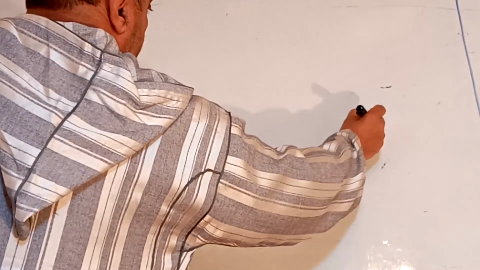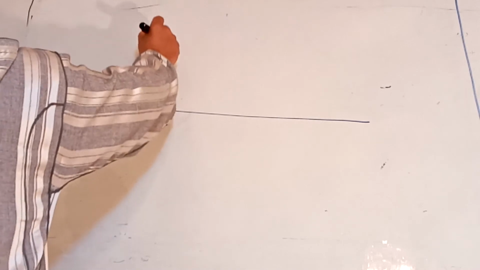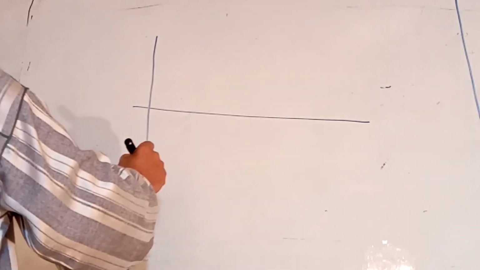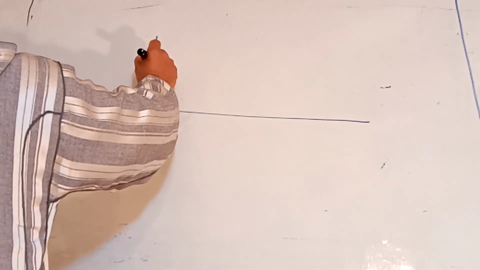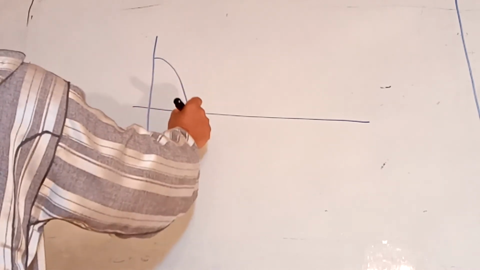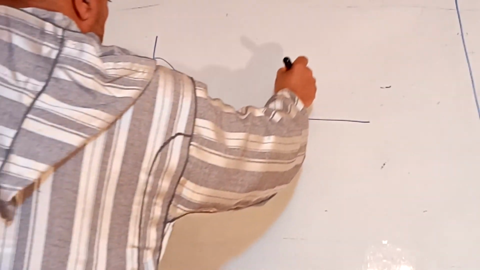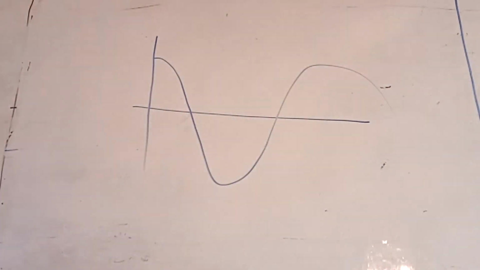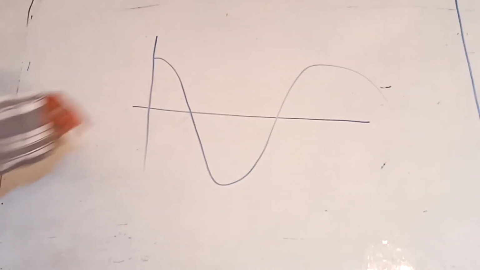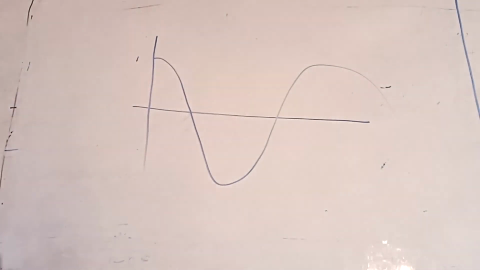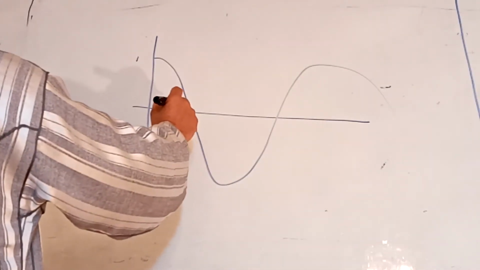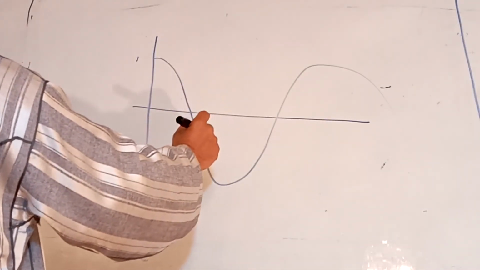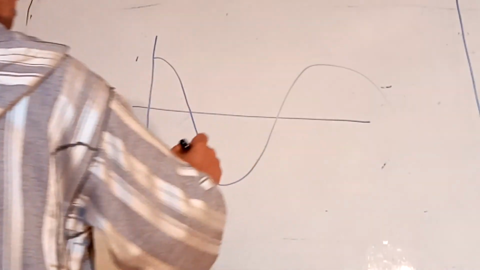Let's go to the cosine curve. It will go like this. Just by the look, it starts from 1, so this is a cosine curve. From here to here, the whole thing is 360.